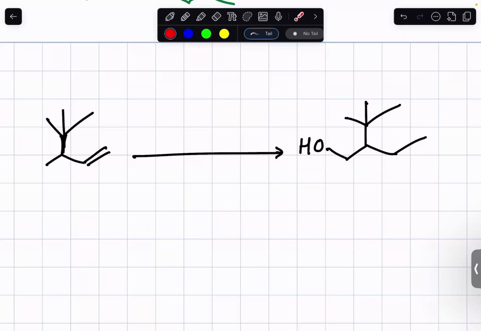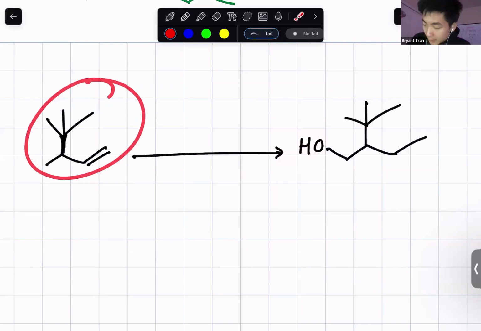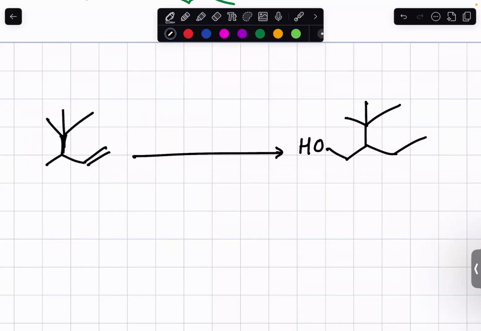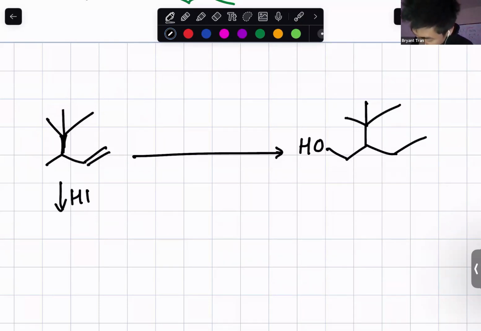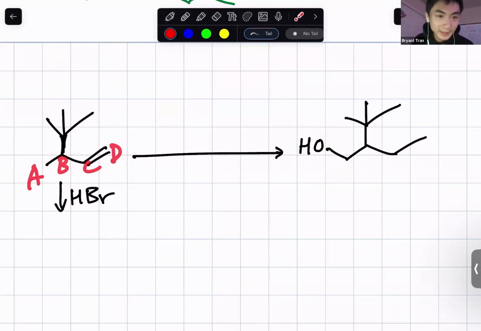Proceed forward, I think. From here? Yeah. When you form the carbocation, it will rearrange. Let's say we use HBr. The bromine, is it going to attach at carbon A, B, C, or D?